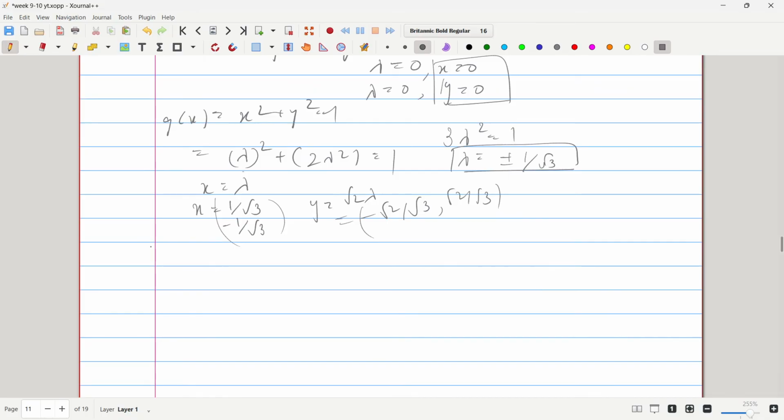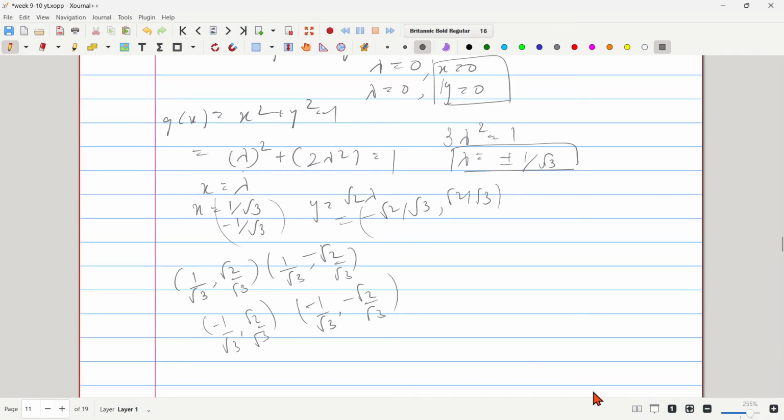So you can get 4 pairs: 1 by root 3, root 2 by root 3; 1 by root 3, minus root 2 by root 3; minus 1 by root 3, root 2 by root 3; and minus 1 by root 3, minus root 2 by root 3.